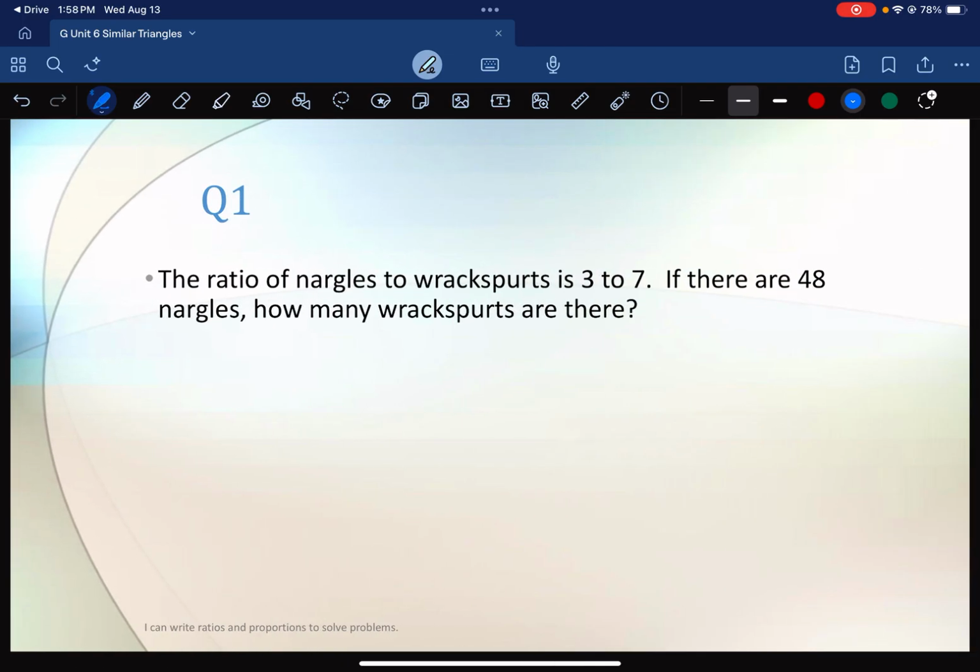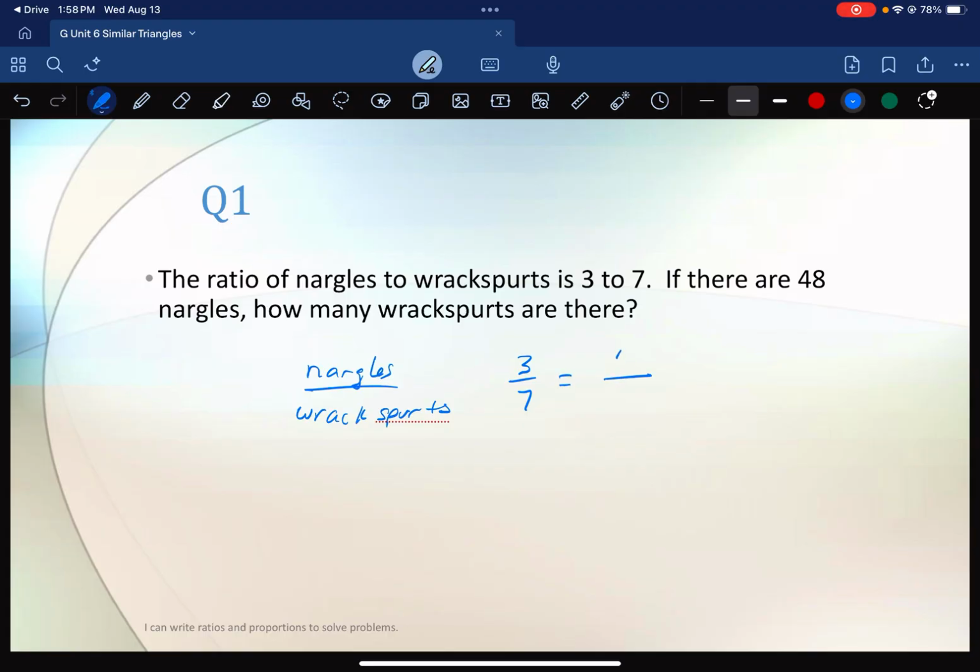The ratio of nargles to Raxburts is 3 to 7. There are 48 nargles. How many Raxburts are there? So we've got nargles over Raxburts. And we've got our sample space, or our ratio of 3/7.